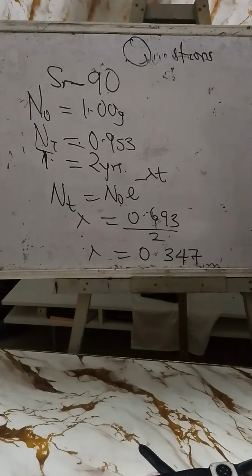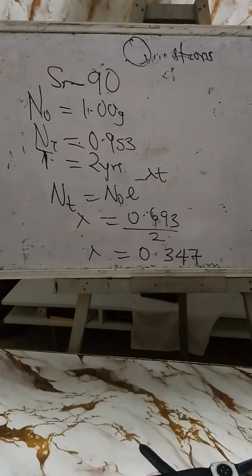So now put these parameters into the formula Nt equals N naught e to the lambda t, which is 0.953 equals 1 times exponential minus 0.347 t half. You know it's the half-life you are looking for, t half. This is what we are looking for.